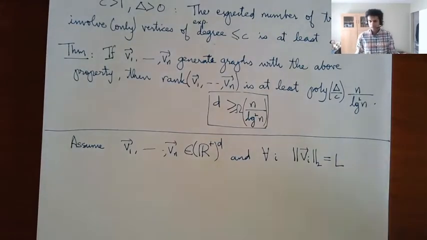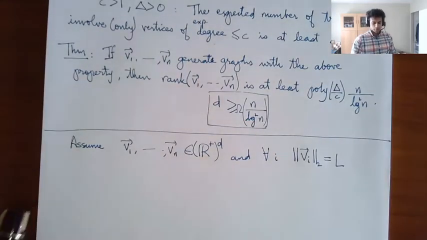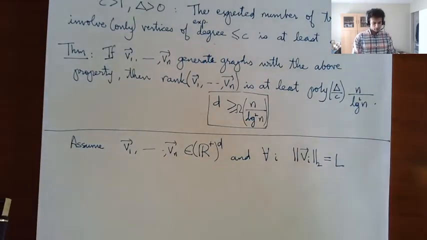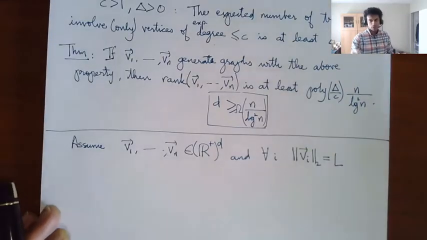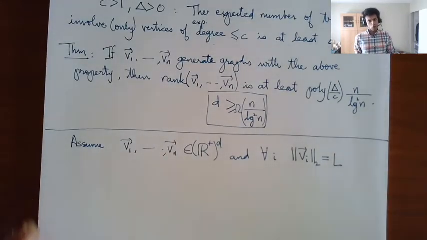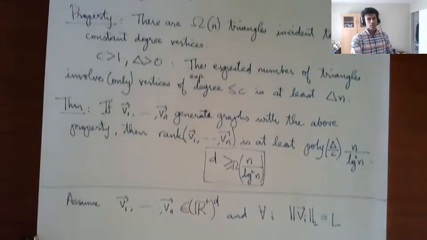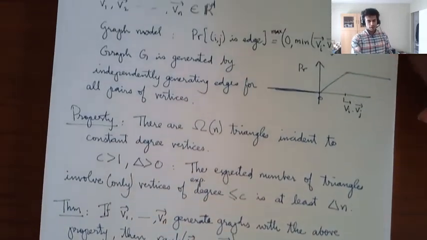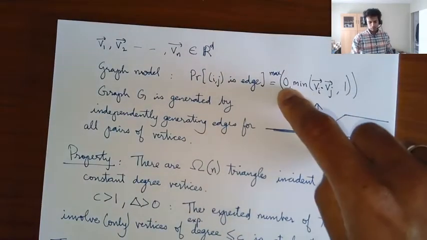This is actually not an unreasonable restriction to think about, because in many cases, people use normalized vectors. If all the vectors had unit length, meaning that L was 1, these would be non-negative unit vectors, and then essentially the max and the min disappear.